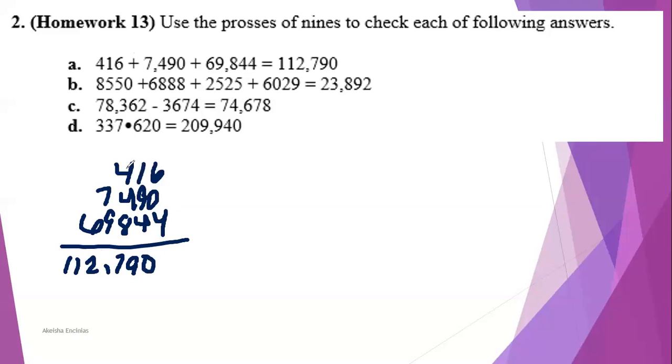So 4 plus 1 is 5, plus 6, which is 11. And then you're going to subtract the 9 from it, whatever multiple of 9 it is. So 9 times 1 is 9, giving you a remainder of 2. So 4 plus 7 is 11, plus 9 is 20.